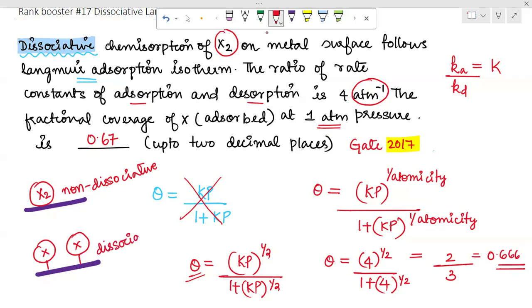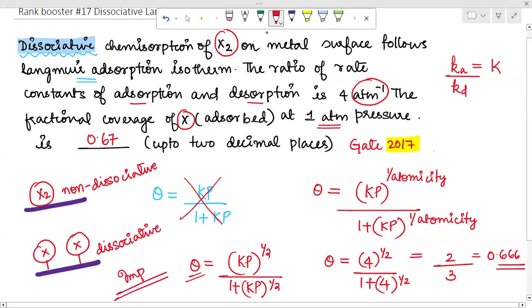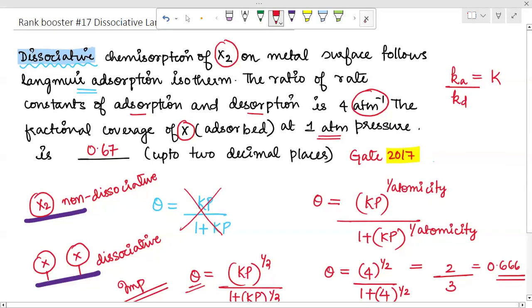If you look at the question, they have asked the fractional coverage of X and not X2. Okay, so this is something very important. While practicing the problems, be more aware of all the wordings that are given in the question.